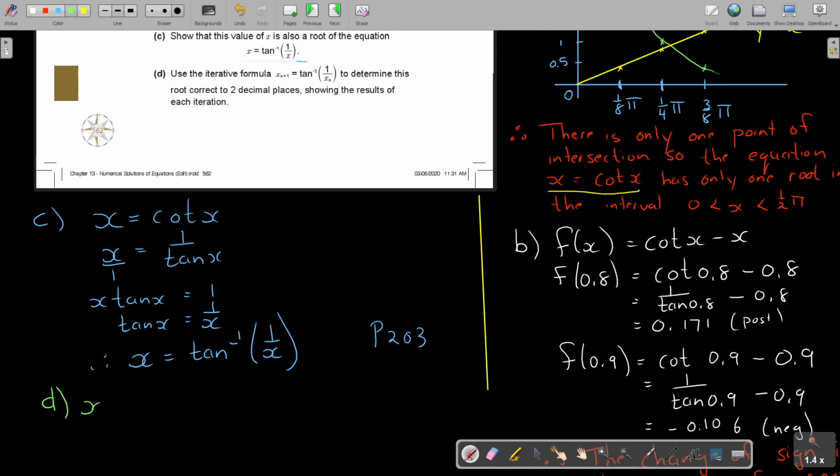So x1 is 0.85. And don't forget, now I'm going to say x(n+1) is equal to tan minus 1 of 1 over xn. And don't forget that is f(x). Okay, that's your f(x) formula.